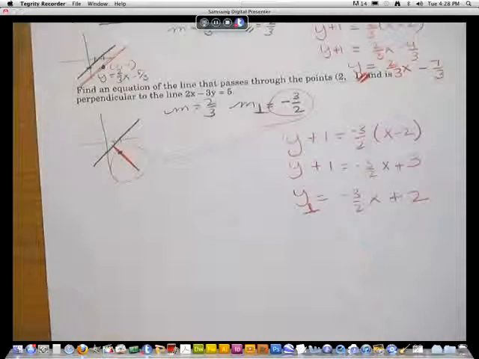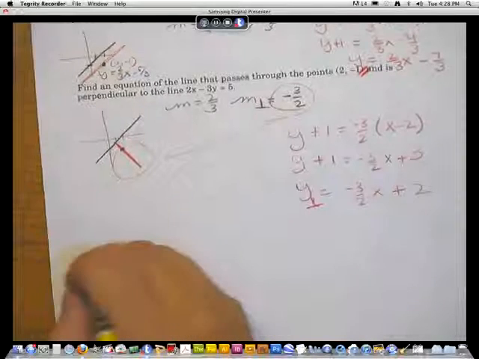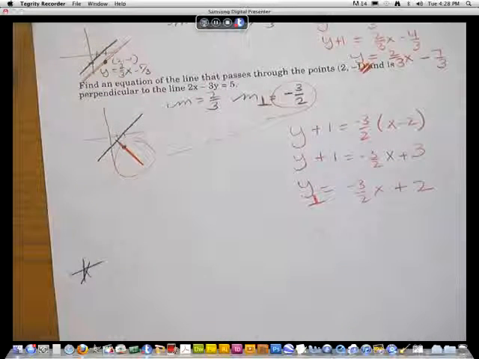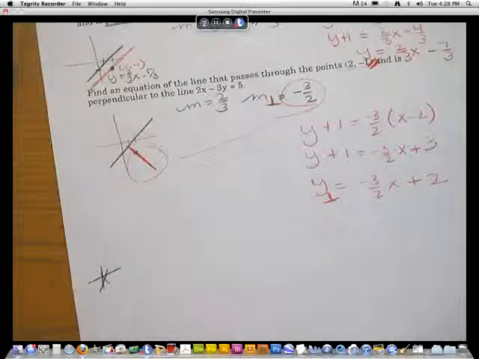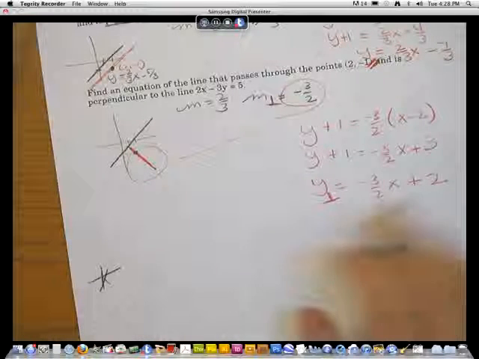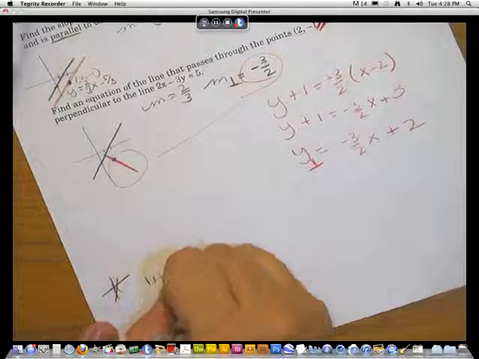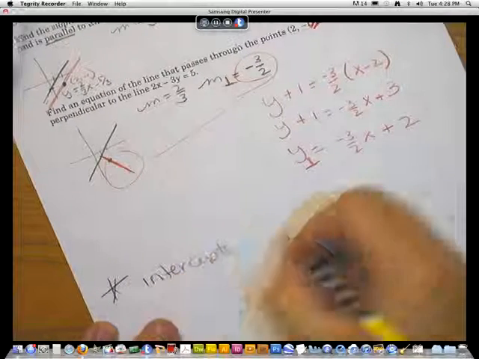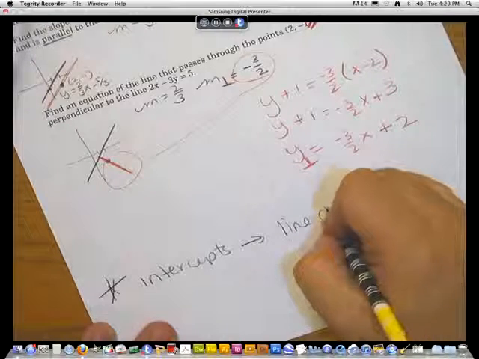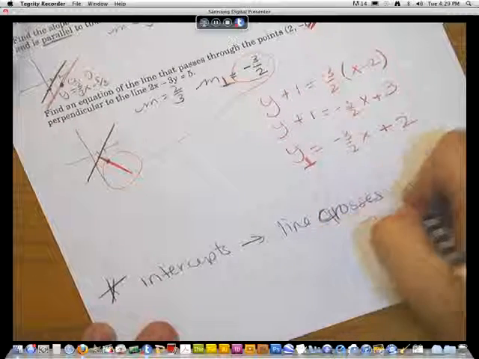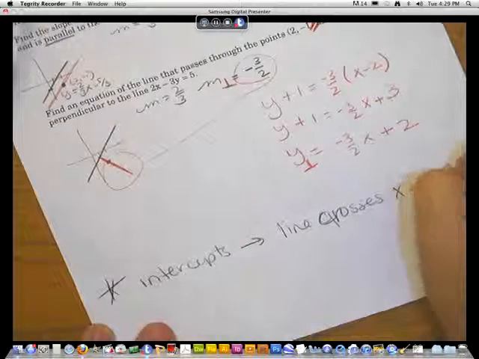Alright, I do want to have you add in some notes. And these are actually going to be a continuation of the intercepts that we are going to start talking about. Intercepts: this is where the line crosses the x or y axis.